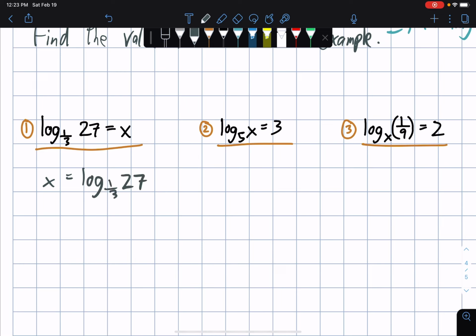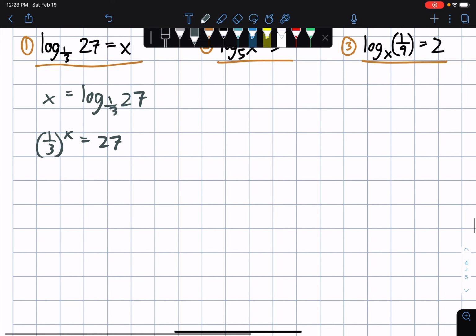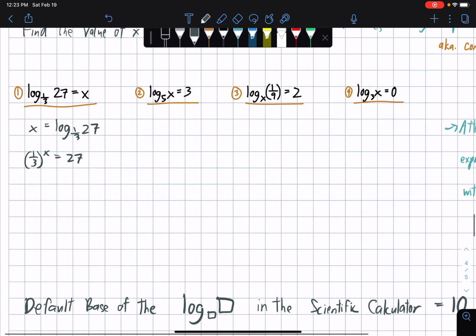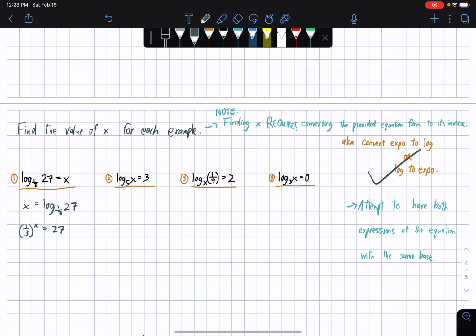What's on the right will be on the left. Alright, 1 over 3 raised to x is equivalent to 27. With that, now, our logarithmic form is now an exponential form.